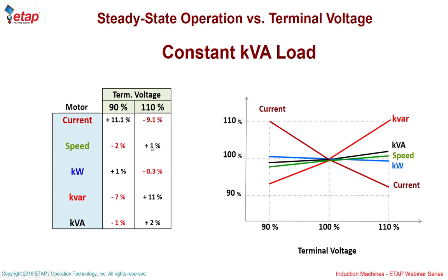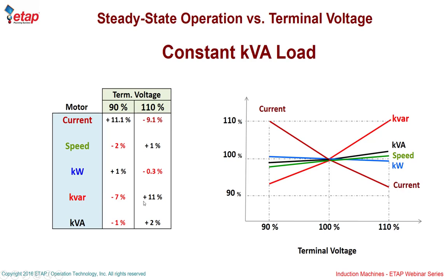And if the speed of the machine doesn't change much, on the mechanical side, the equations for the load torque are not going to change, so the load torque doesn't change. And if the load torque, which determines how much power is going to get from the system, doesn't change, therefore the kilowatt from the system doesn't change. So the electrical kilowatt does not change much because the speed didn't change and mechanical power didn't change. Electrical power doesn't change much.